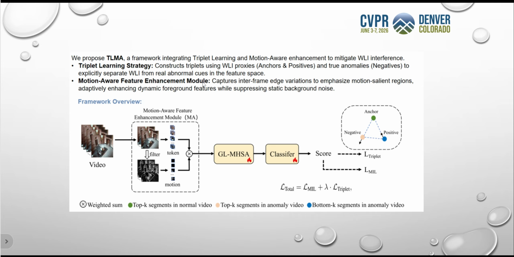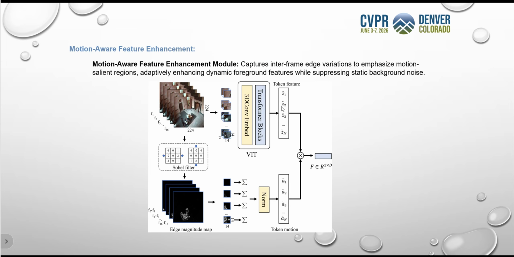The motion-aware feature enhancement module captures interframe edge variations to emphasize motion-salient regions, adaptively enhancing dynamic foreground features while suppressing static background noise. Since anomalies typically happen in dynamic regions, we designed this module to filter out static background noise.